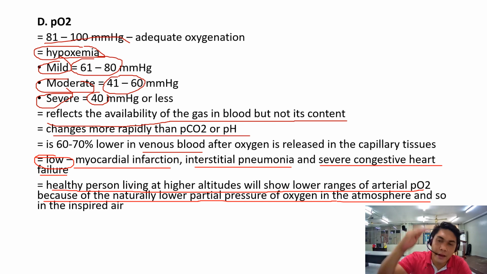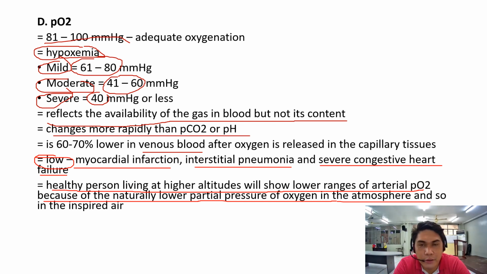Now, at higher altitude, your body will try to produce more erythropoietin. It's because the body recognizes that you're experiencing decreased oxygen, or there is hypoxemia, not that severe, but there's a decrease in your oxygen level.